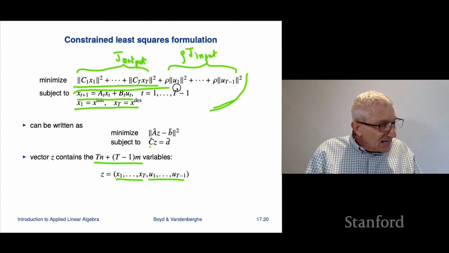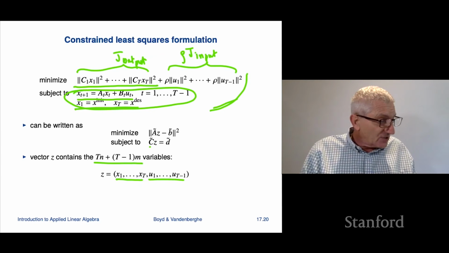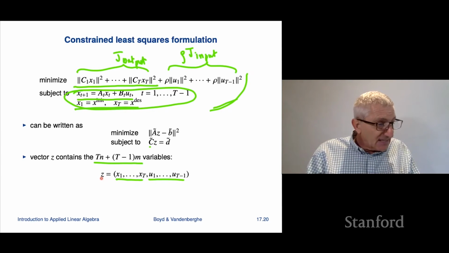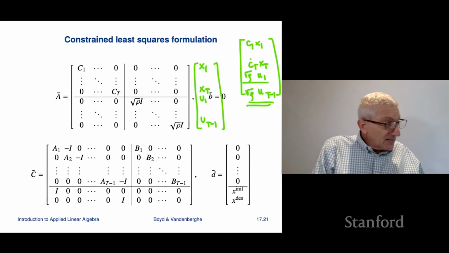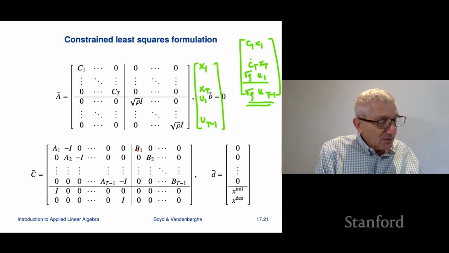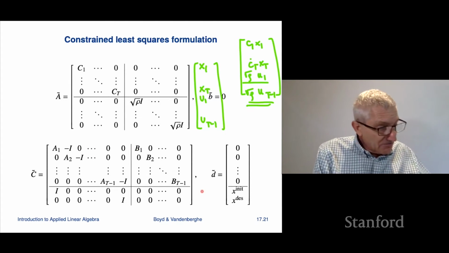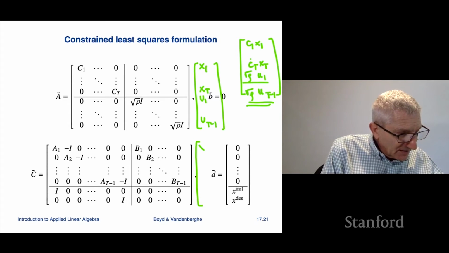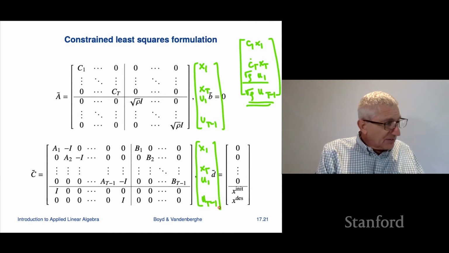these sets of linear equations as one gigantic set of linear equations on z. And let's see how we do that. Well, again, it's a big block matrix. The first one is A1 minus I, then zeros, and B1. If you multiply that in your head by this vector, which is the x1 down to xt, u1 down to ut minus 1, you'll figure out what happens.